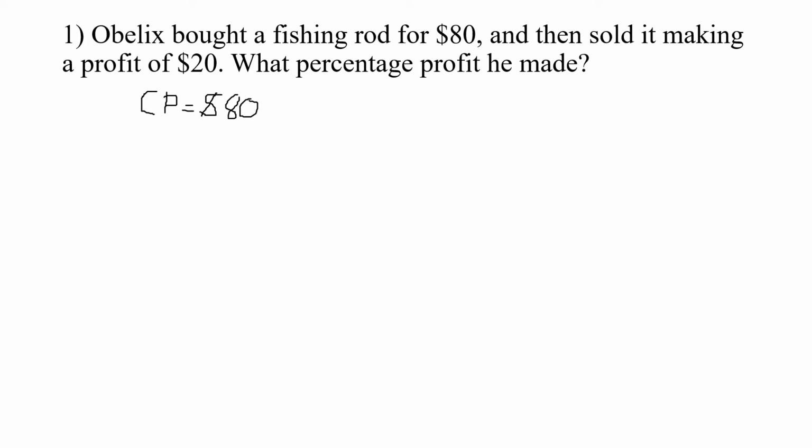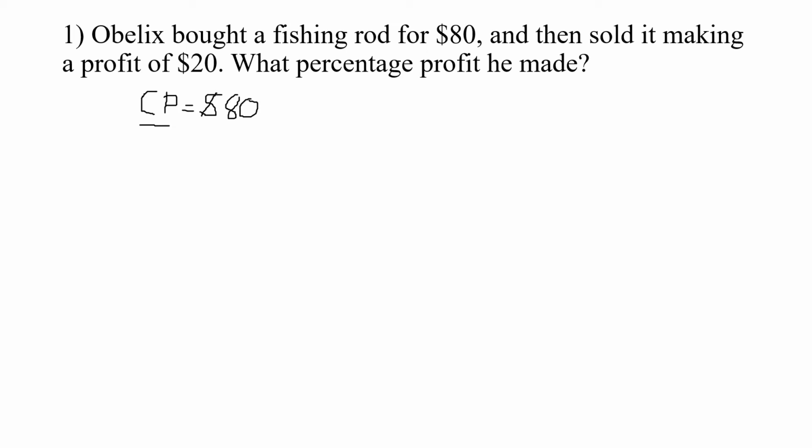But you have to be able now to figure it out based on what is given. That is why we have to take our English language very seriously, because this is where reading and understanding plays a part. Nobody said straight out the cost price is $80, but based on our understanding of what the cost price is and what he paid for the fishing rod, we could safely say that our CP is 80. So that's one piece of information gathered.